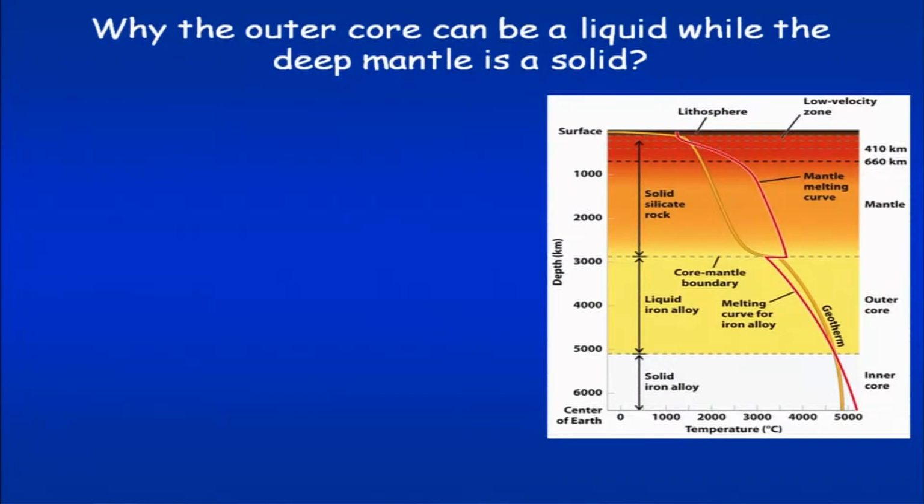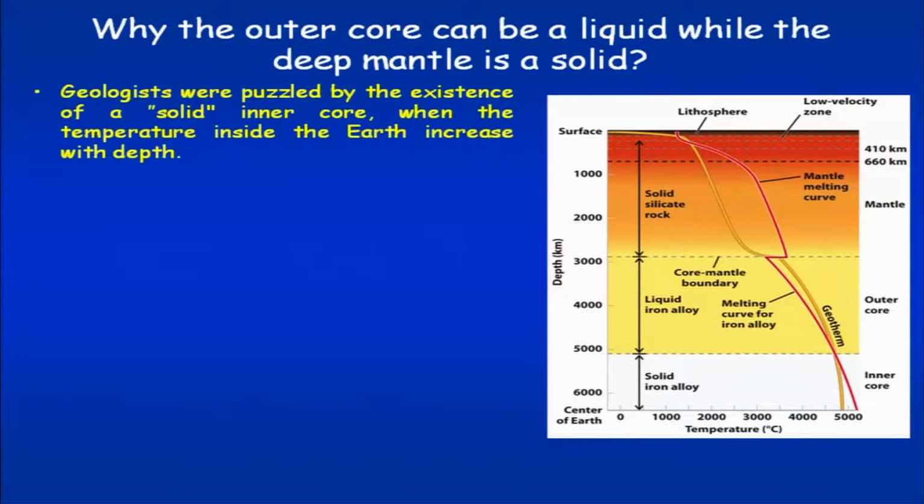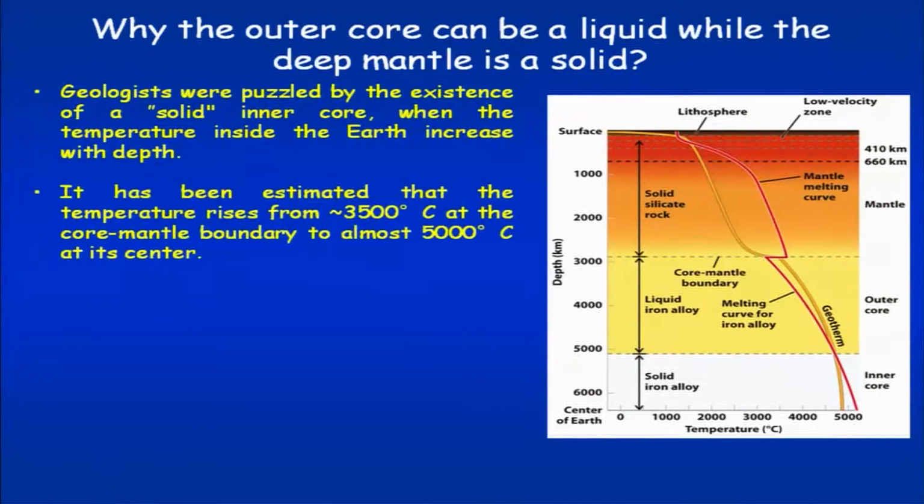So, why can the outer core be a liquid while the deep mantle is a solid? The geologists were puzzled by the existence of the solid inner core when the temperature inside the earth increases with depth. So, the inner core is solid whereas the outer core is liquid.